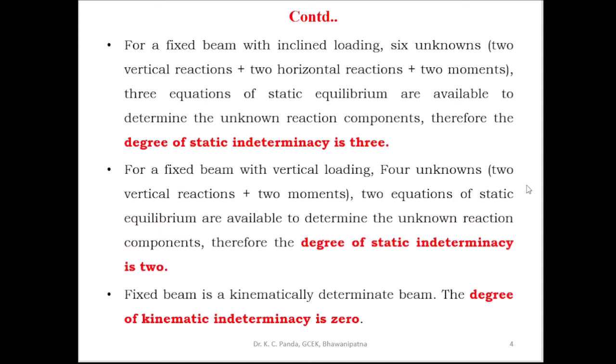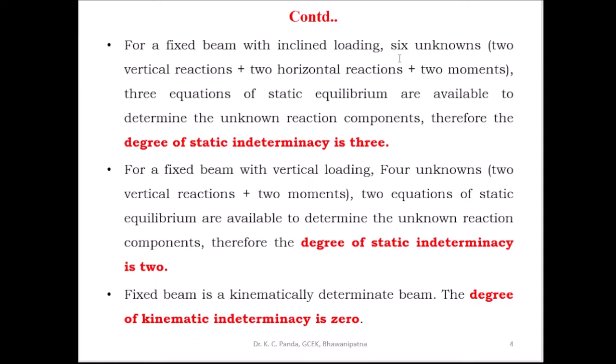Then for a fixed beam with inclined loading, there are 6 unknown reaction components: 2 vertical reactions at both ends, 2 horizontal reactions at both ends, and 2 moments at both ends. But only 3 static equilibrium equations are available to determine the unknown reaction components.